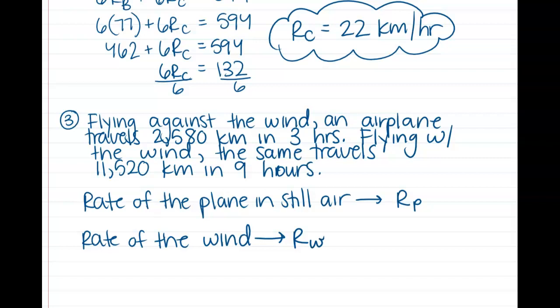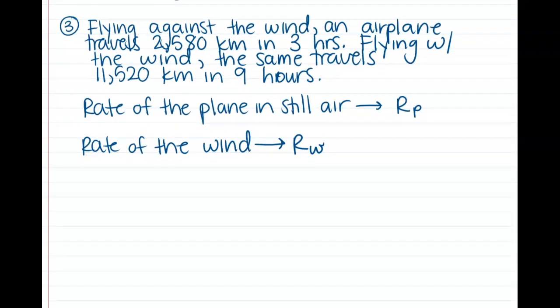Pause the video for a moment and see if you can set up your equations. Okay, so remember, I'm assuming you paused it and now you're back, or maybe you just want to see it, and that's cool too. Remember, distance equals rate times time.